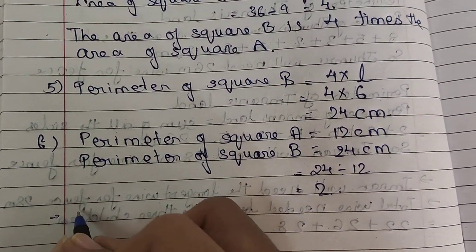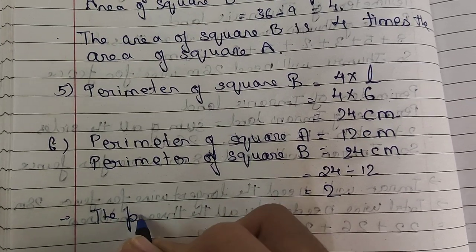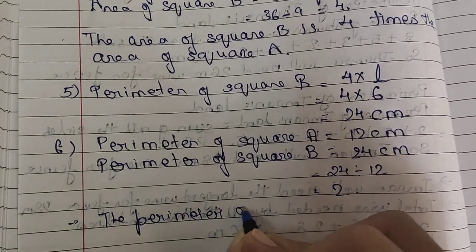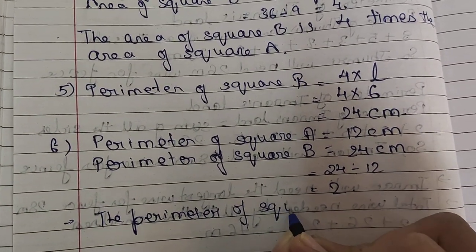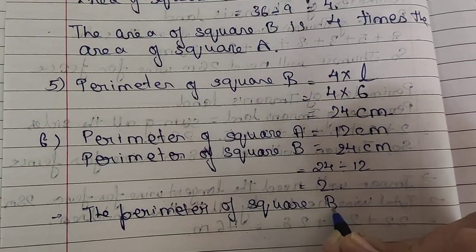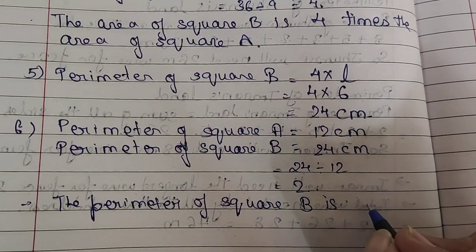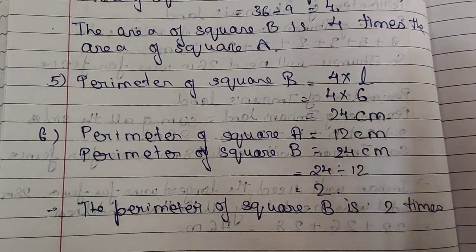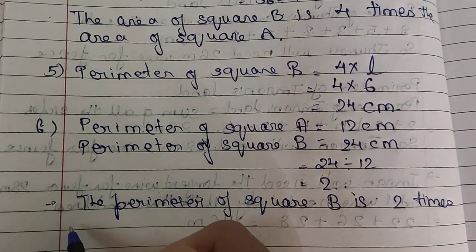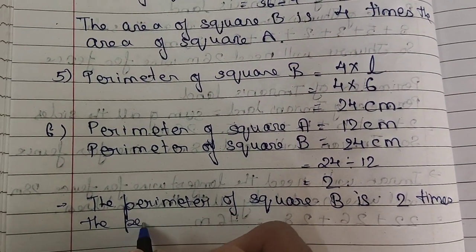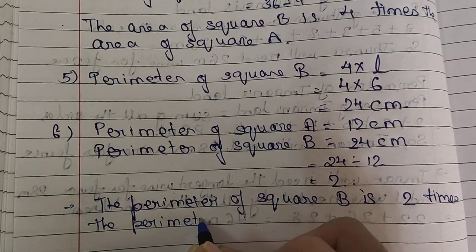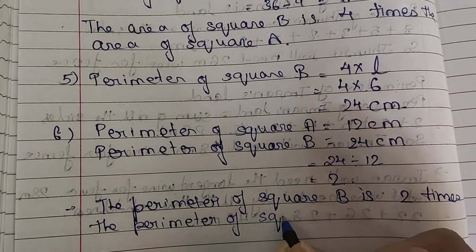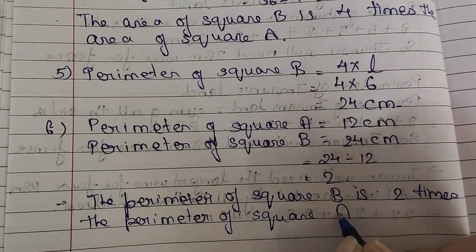We write down the perimeter of square B is 2 times the perimeter of square A, because from 12 to 24 it is 2 times.